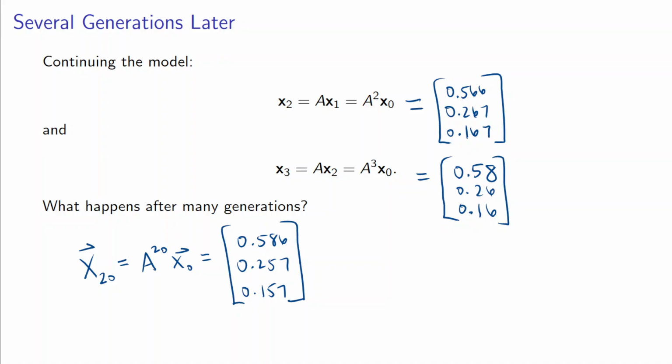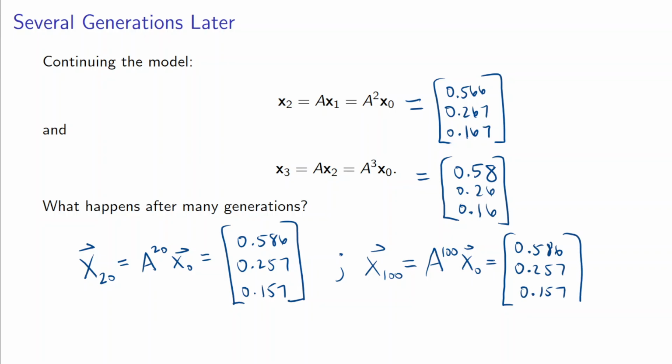One thing that's interesting is if we were to go even further into the future, let's say 100 generations later, this would be A to the 100th x0. I certainly don't recommend you do this by hand, but if you have some technology, you can plug this in. You would find that the result would be, with some rounding, but close enough, exactly the same as A to the 20th.